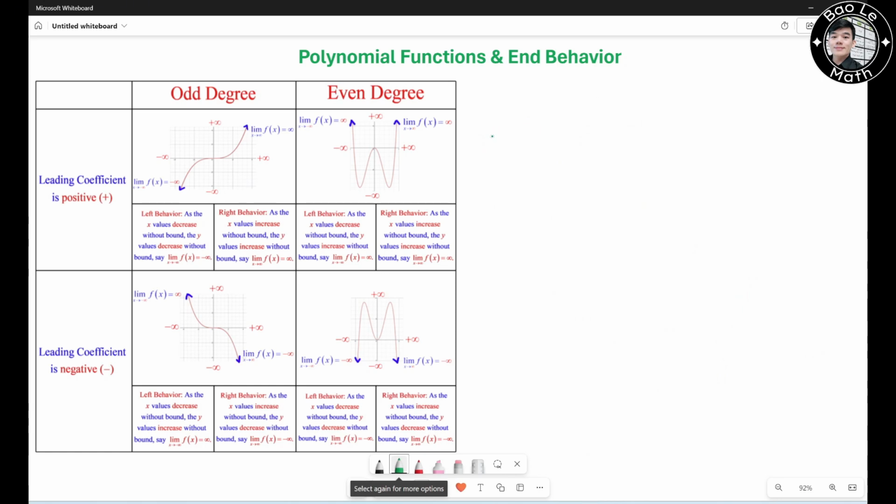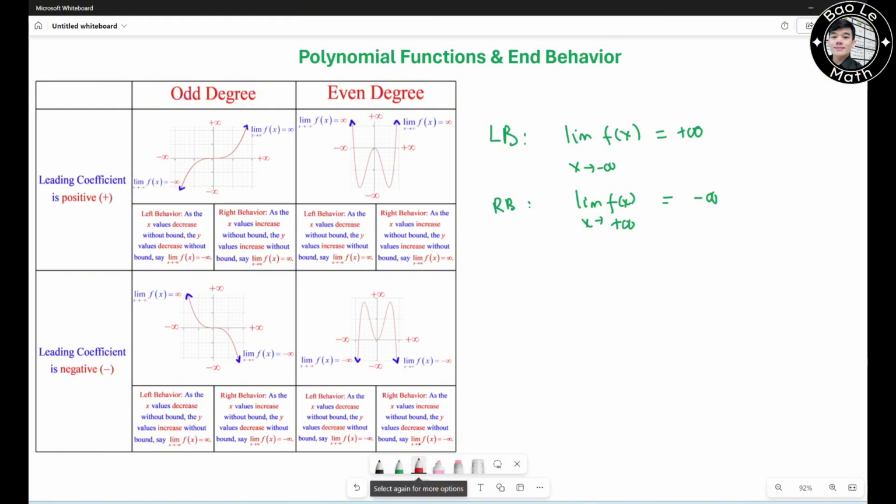Let's take a look at another example. So for example, if you are given the left behavior, limit of the function f of s when s approaches negative infinity is going to be positive infinity, and you have right behavior, it's going to be limit of the function f of s when s approaches positive infinity is going to be negative infinity, right?